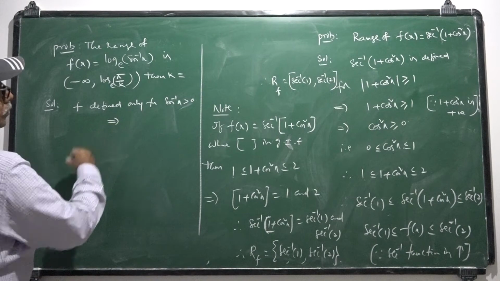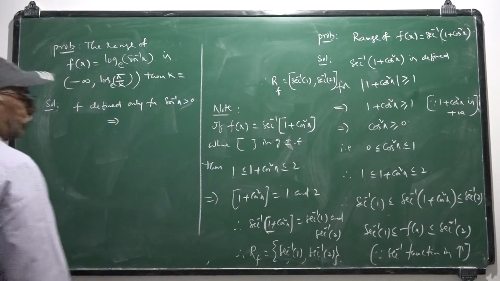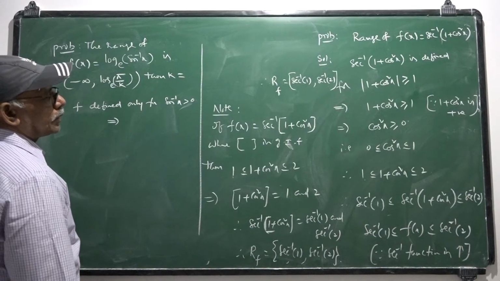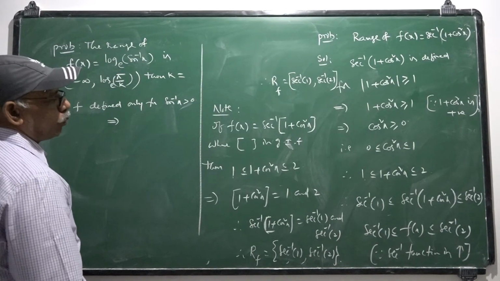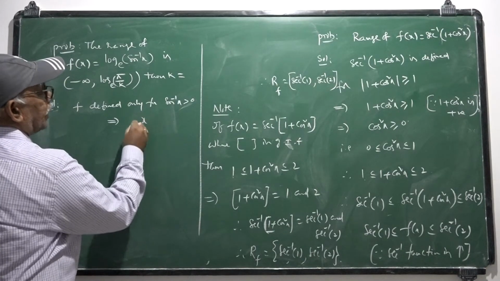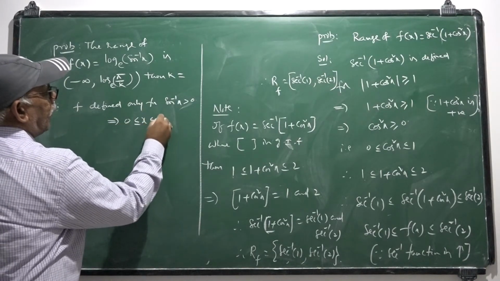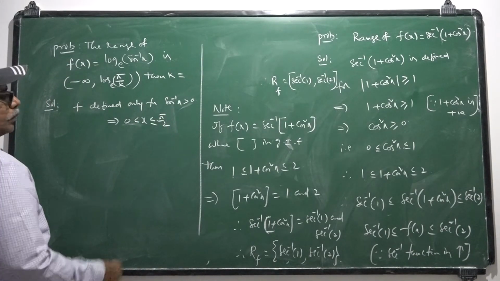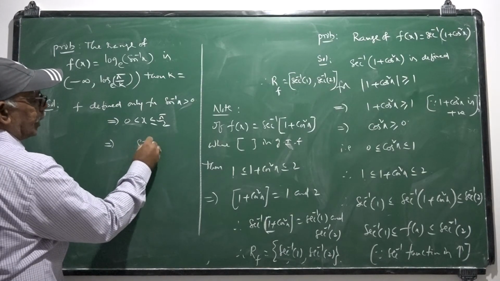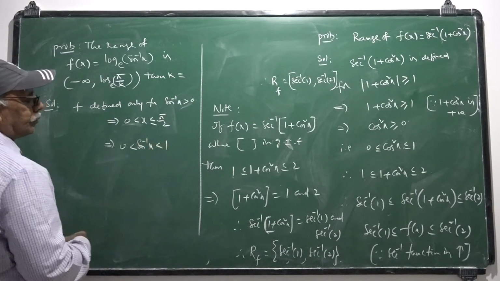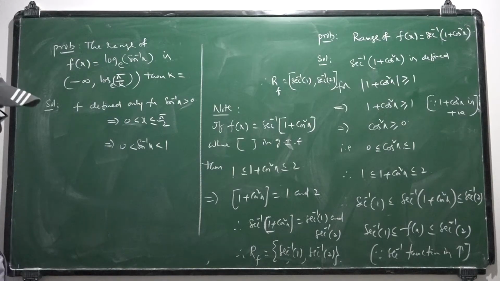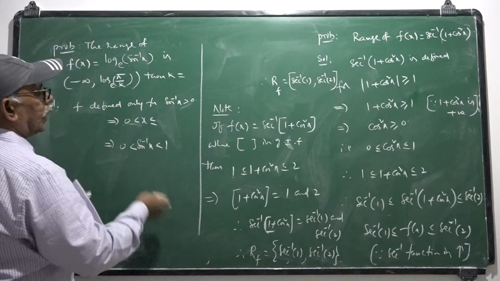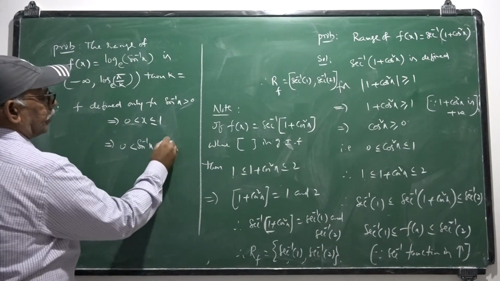That implies x lies between 0 and 1, and sine inverse x lies between 0 and pi by 2. This is 1. This is pi by 2.